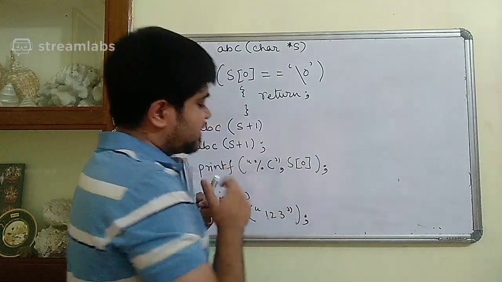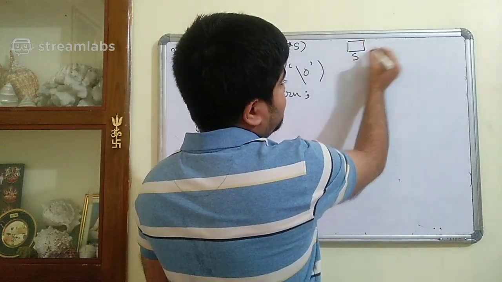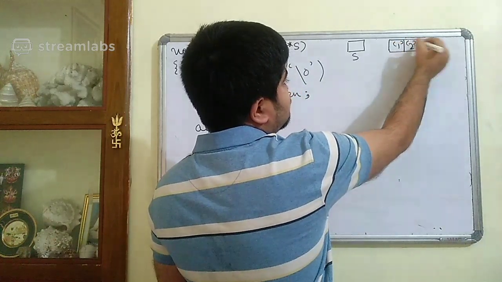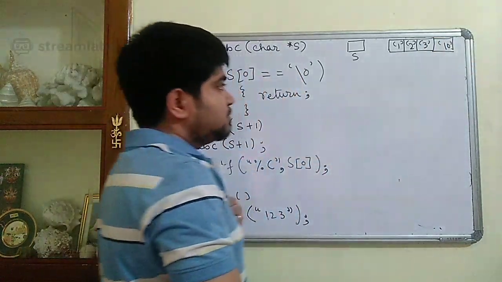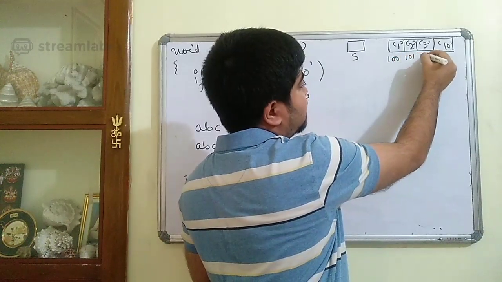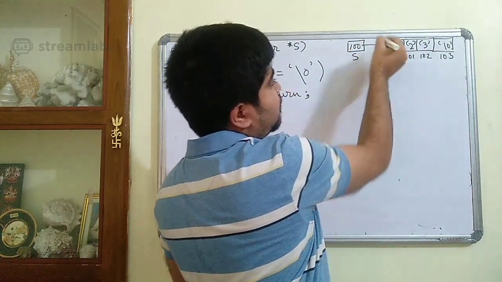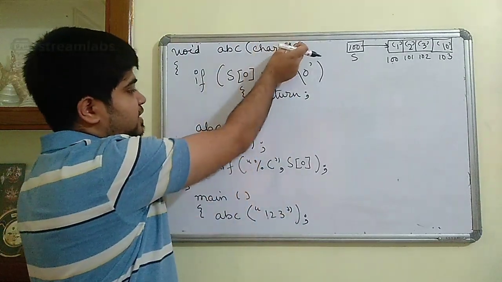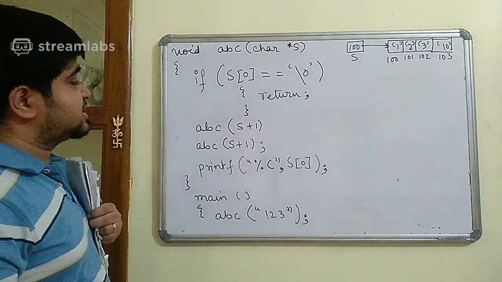After this operation, S is actually a location, and we have something like this: the first location 1, second location 2, third location 3, and finally we have slash 0. Let the address of the first location be 100, then 101, 102, 103. The first location address 100 is held by S, because it's a pointer, obviously.